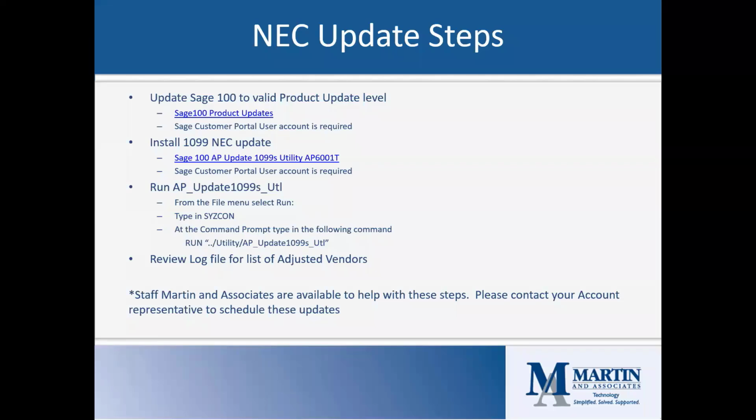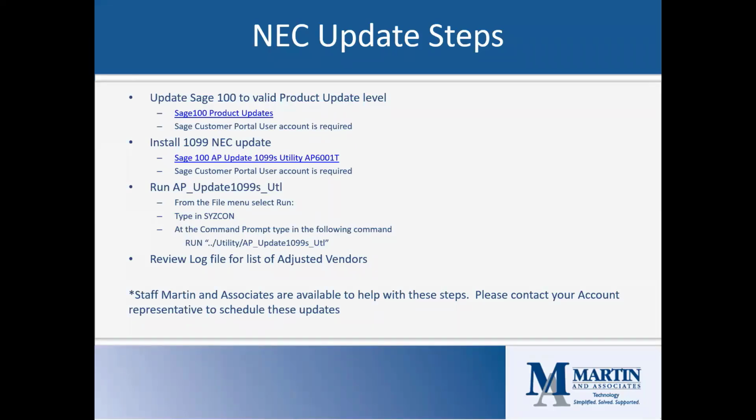The basic steps you'll see me do in just a second are opening up the File Run menu and typing in syscon, which is sort of like the command line utility that Sage offers. Type in the command that you see on the screen. It's going to present you with a couple of prompts that you'll see in a minute. And at the very end, it's going to produce a log file of whatever it has changed.